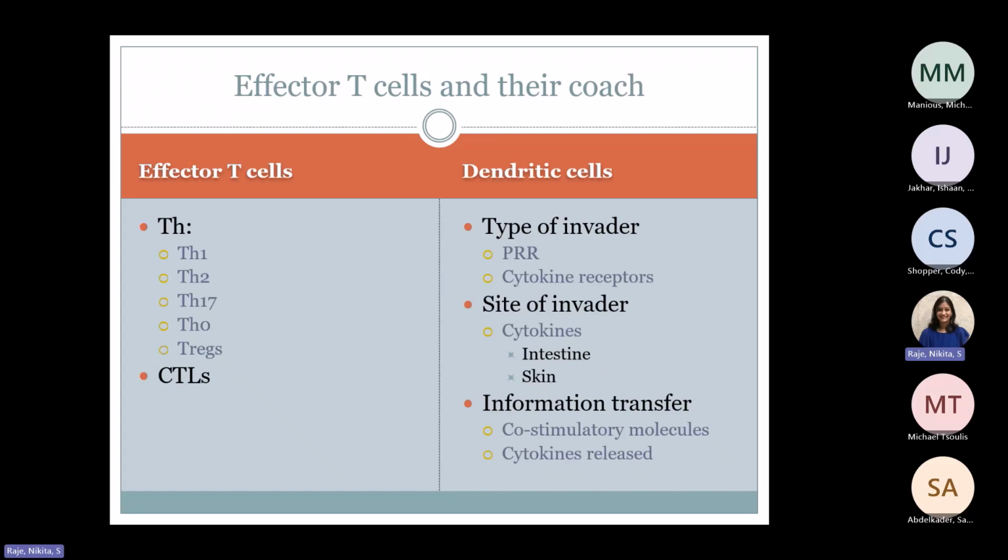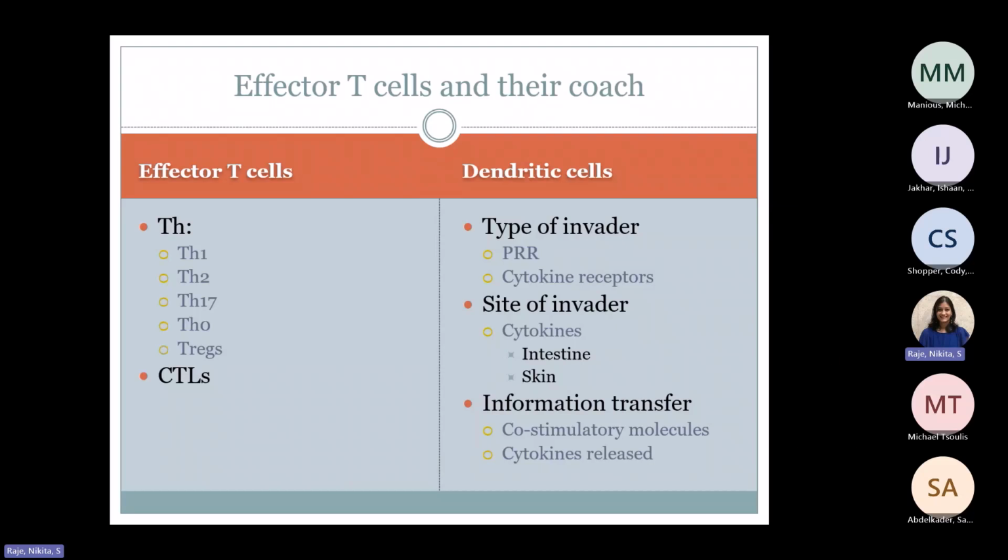They'll use the co-stimulatory molecules to help in activation of T cells, along with providing that information, as well as the cytokines released from the dendritic cells that act on the T helper cells, which also help in providing that information of the type of invasion and the site of invasion.